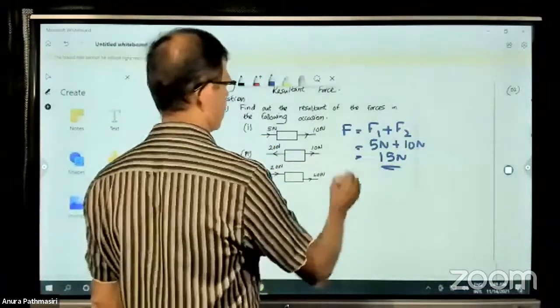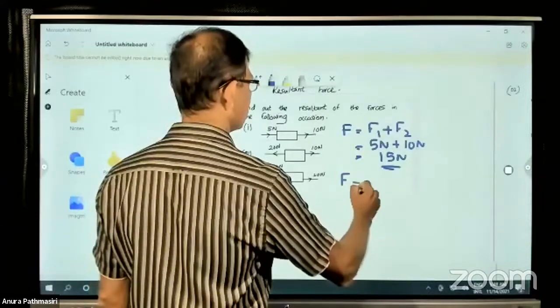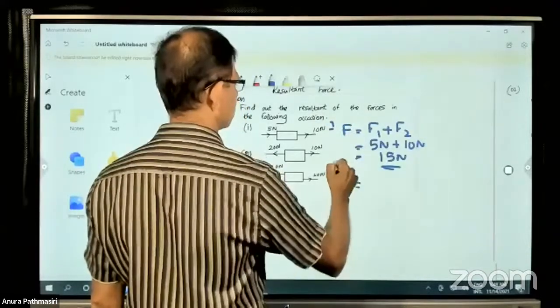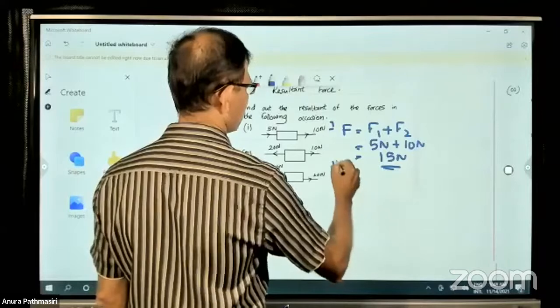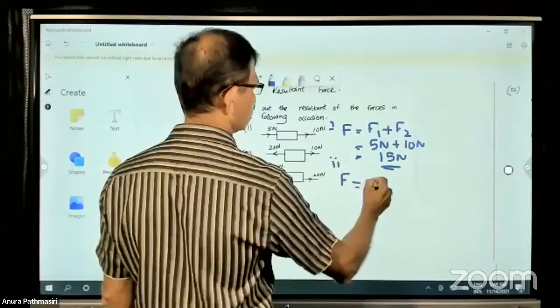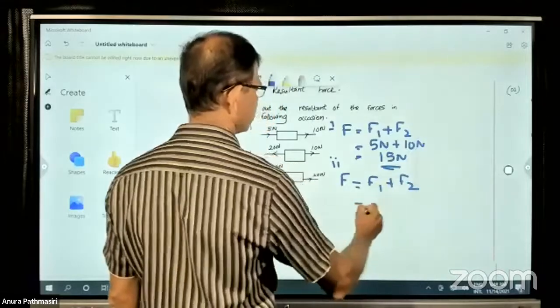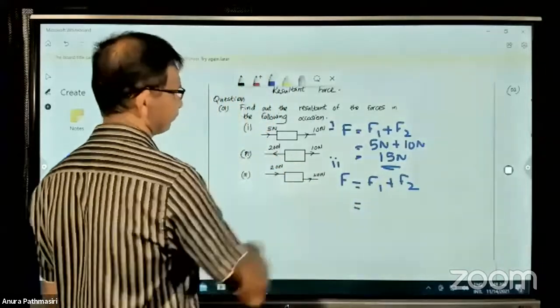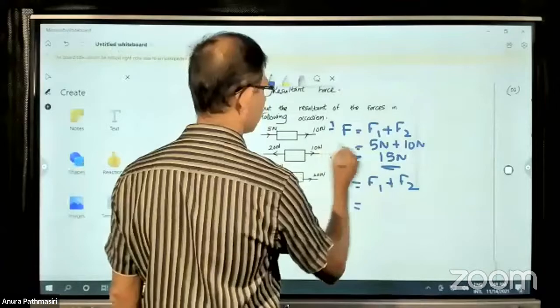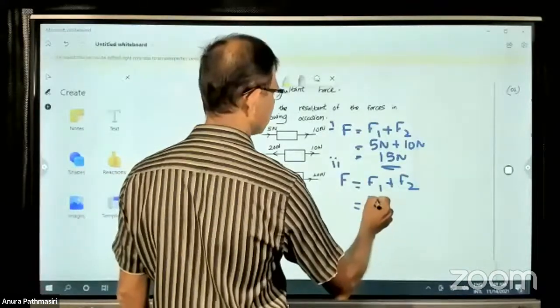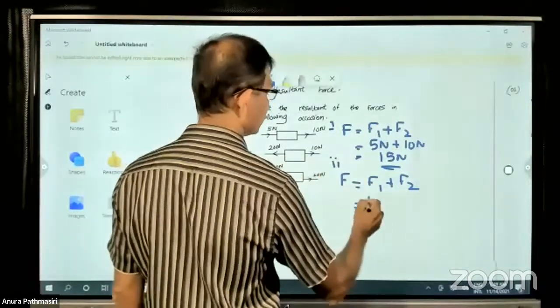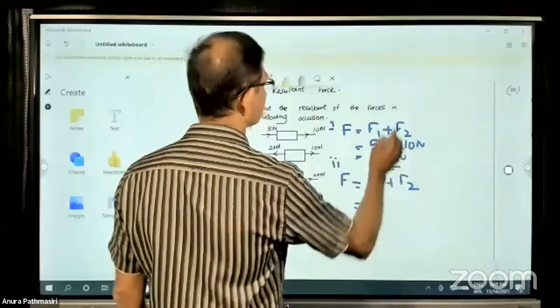F equal F1 plus F2. F1 is 10 Newton. Then here, in the particular direction, F1 is 20 Newton. Right.